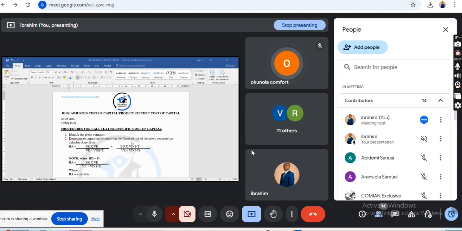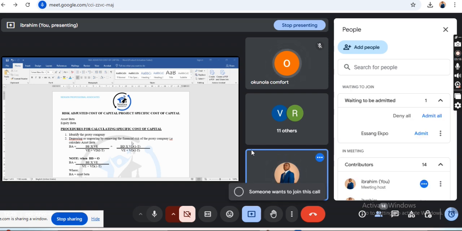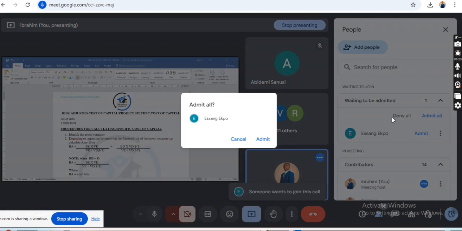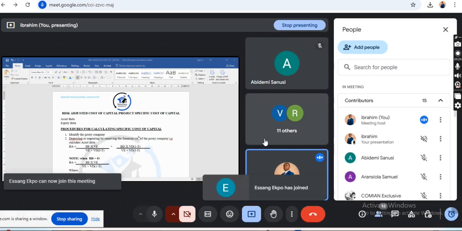Now, asset beta. Class, what is asset beta? Asset beta measures systematic business risk.